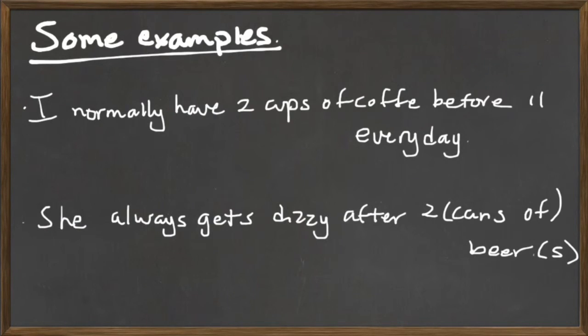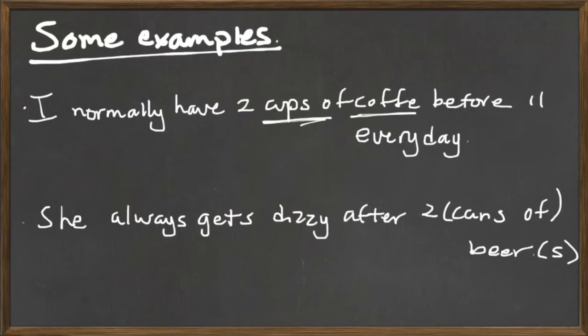Number 1, I normally have 2 cups of coffee before 11 every day. So here we have the container, and if you remember in the previous video, we mentioned uncountable nouns. Coffee is uncountable, so we need a container to count it: 2 cups of coffee. The next one, she always gets dizzy after 2 cans of beer. Can can also be put in different presentations.